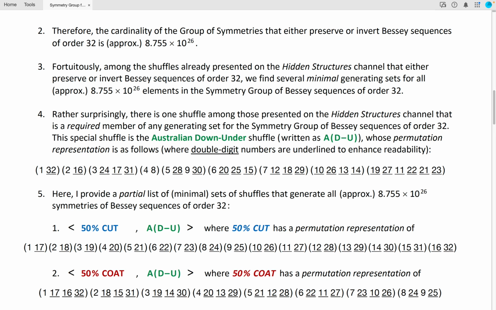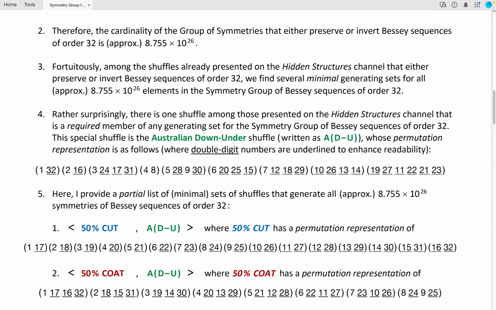enhance readability. 5. Here, I provide a partial list of minimal sets of shuffles that generate all approximately 8.755 times 10 to the 26th power symmetries of Bessey sequences of order 32.